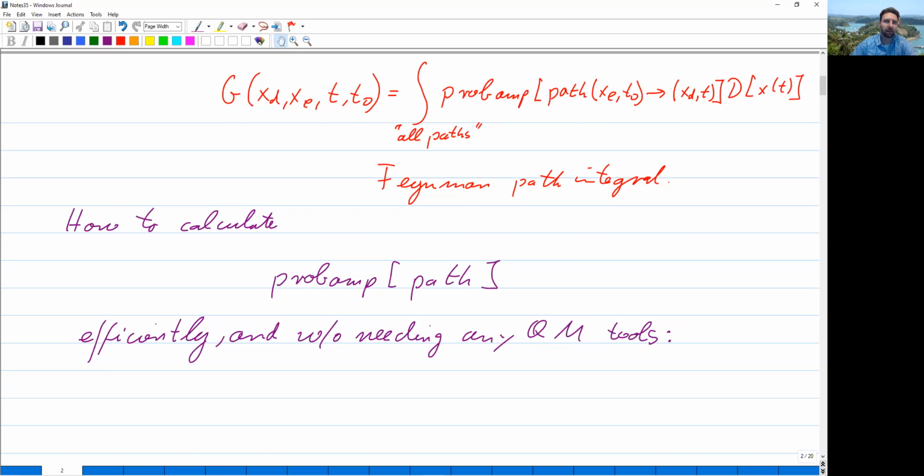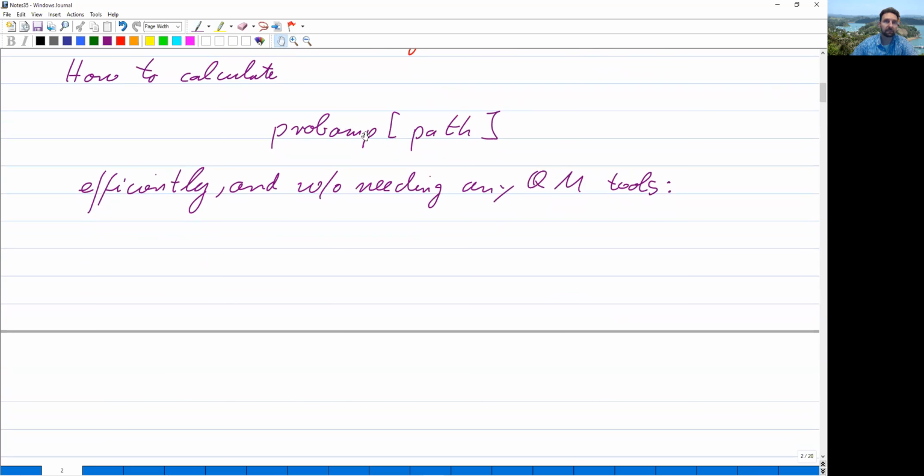It turns out that the answer is very simple in the sense that the answer has an expression in terms of something entirely classical. So how can this be?